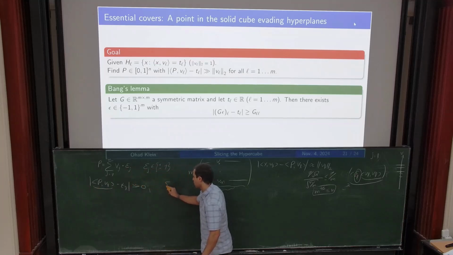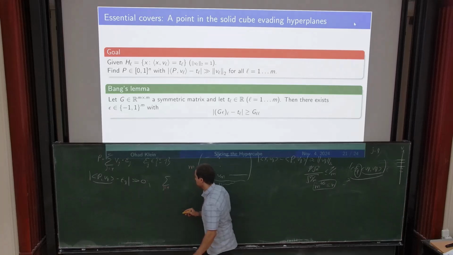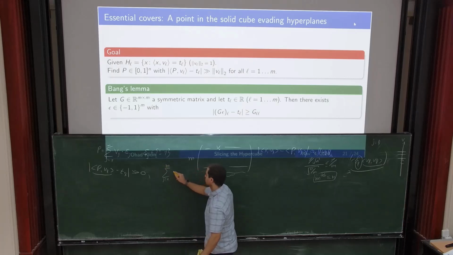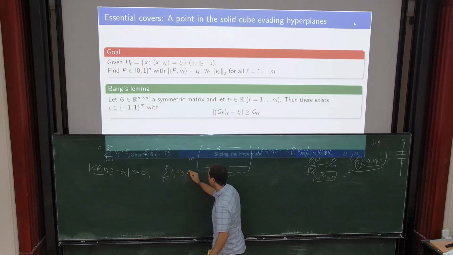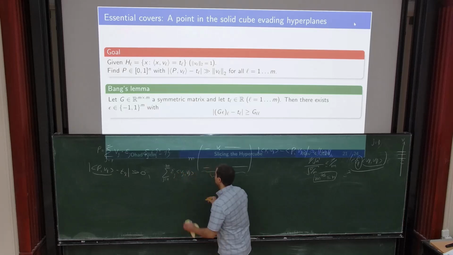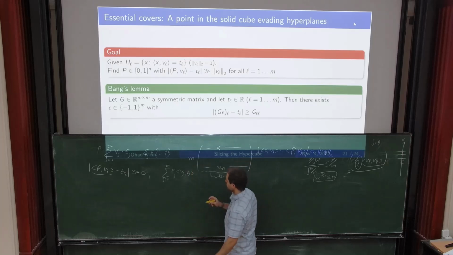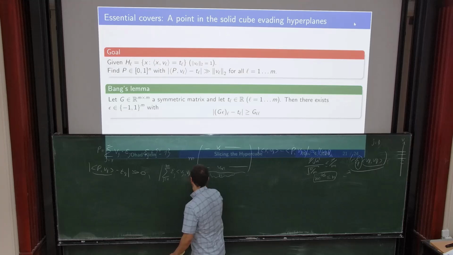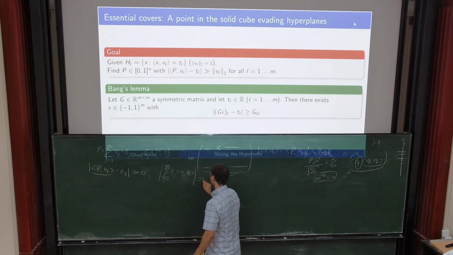We have a sum over j from 1 to M of epsilon_j times V_j times V_l. And we want this to be larger than 1.